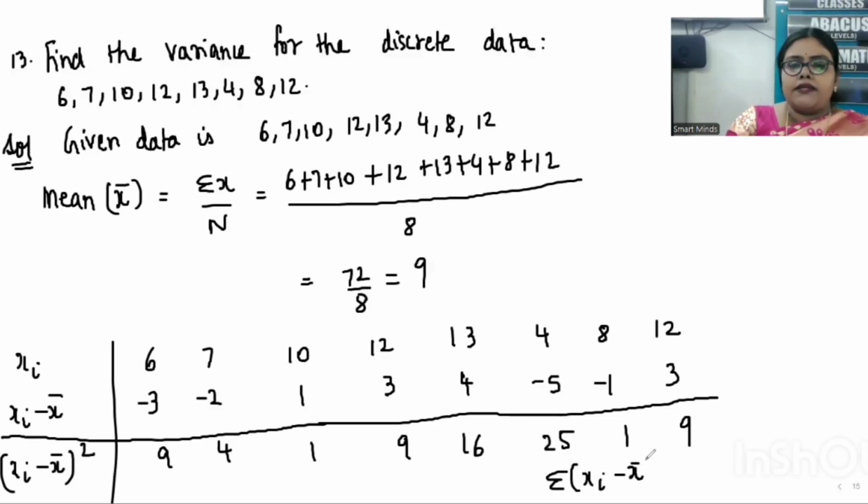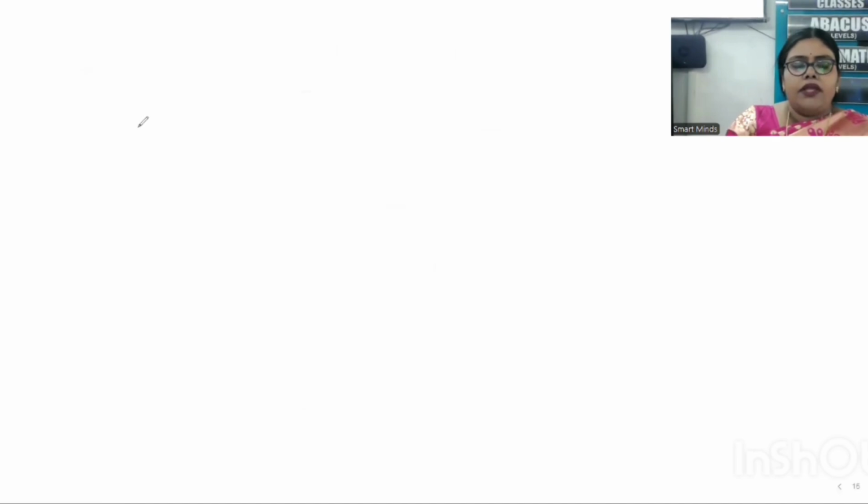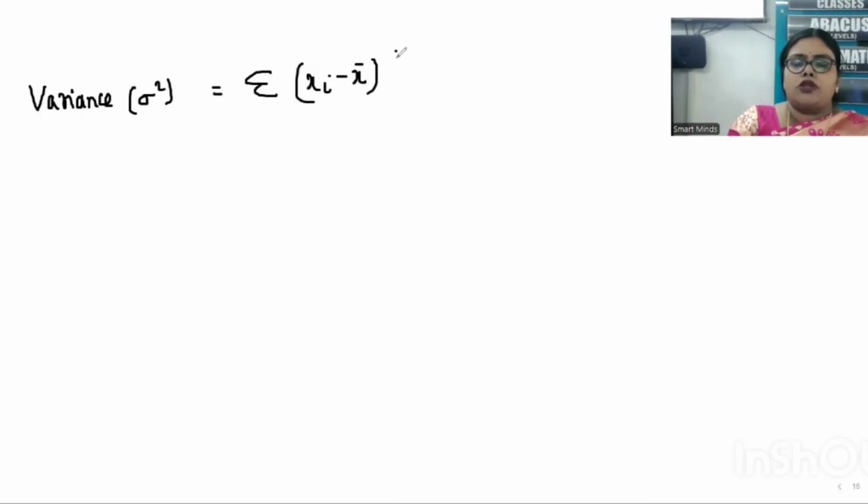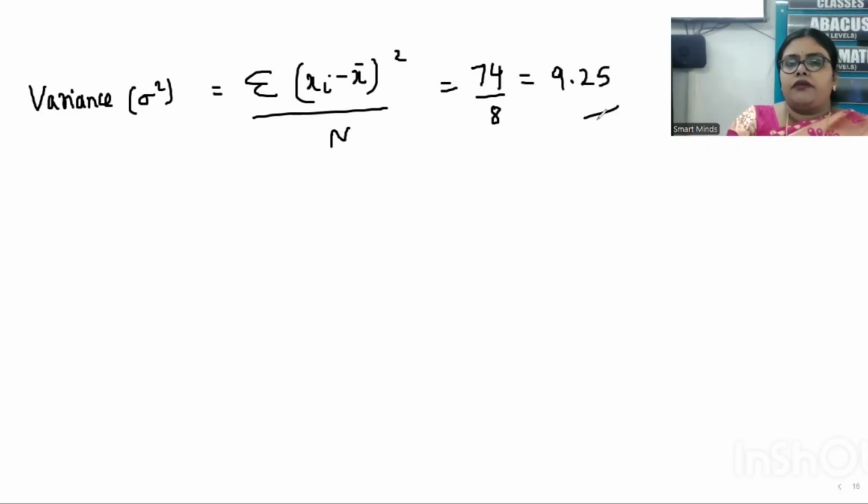Sigma xi minus x bar whole square is, if you add all these numbers of the last row, you get 74. Now after getting this sum, we need to find out variance. Variance is always denoted by sigma square. That is sigma xi minus x bar whole square by n. So that is 74 by 8, which is equal to 9.25.